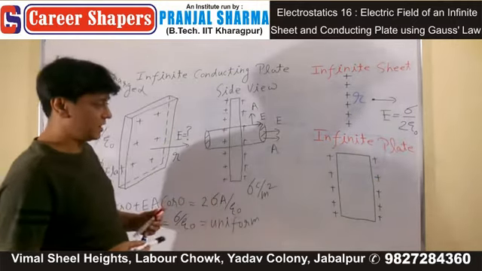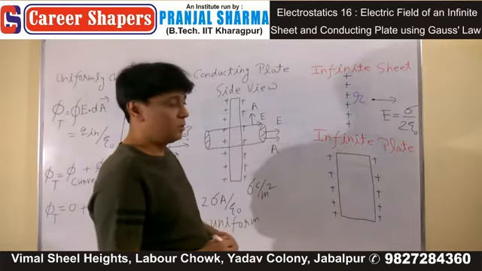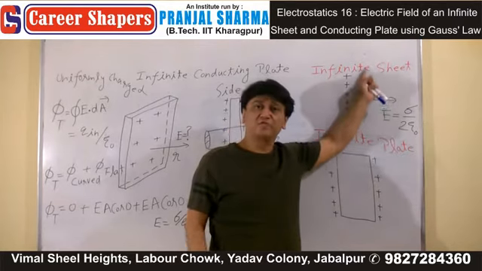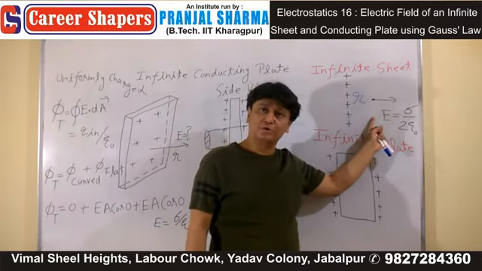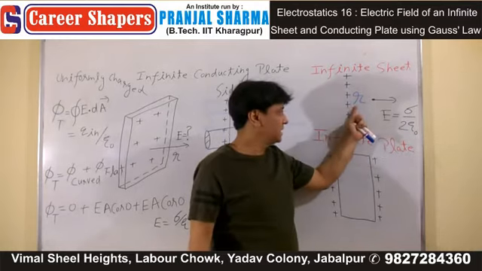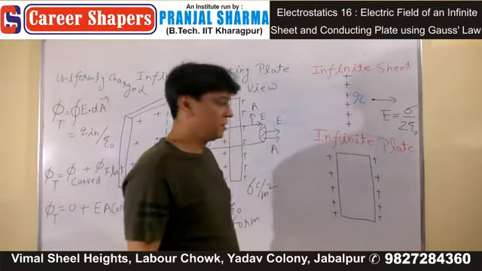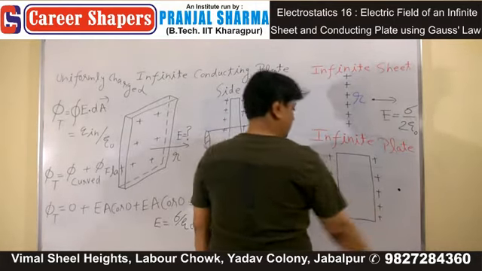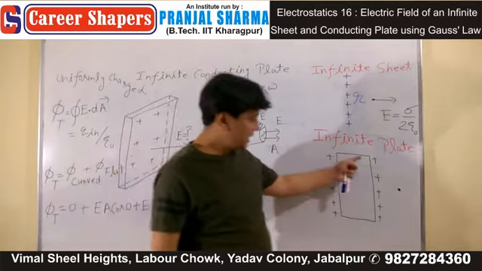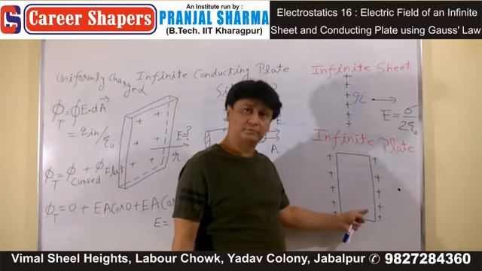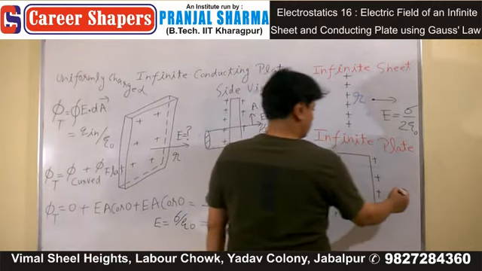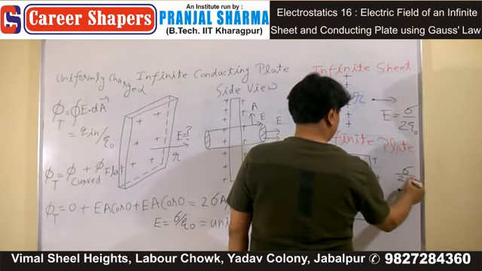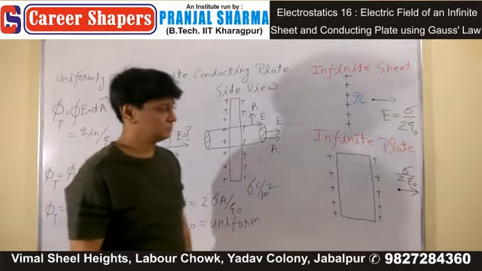For this infinite plate, we are using this argument. The electric field of an infinite sheet is sigma upon 2 epsilon 0 and is independent of R. Which means somewhere here, the electric field due to this layer is sigma upon 2 epsilon 0.